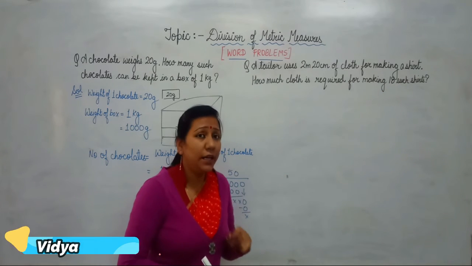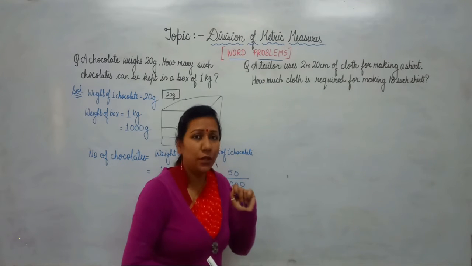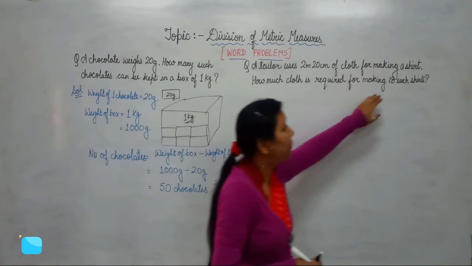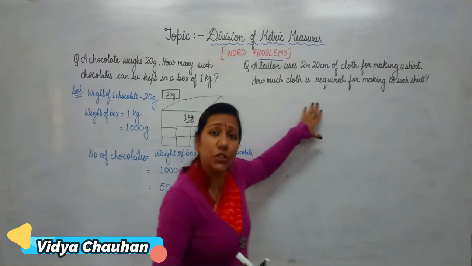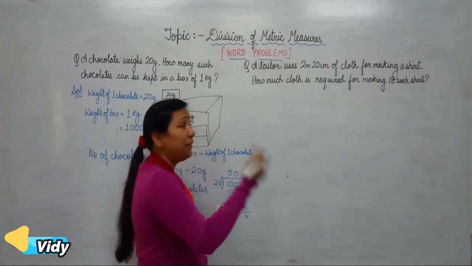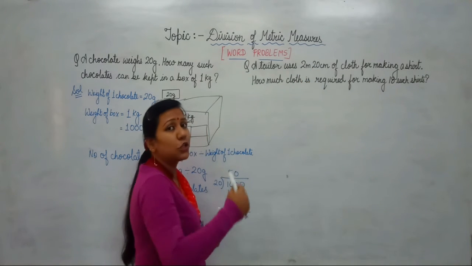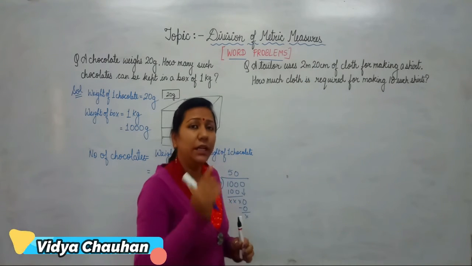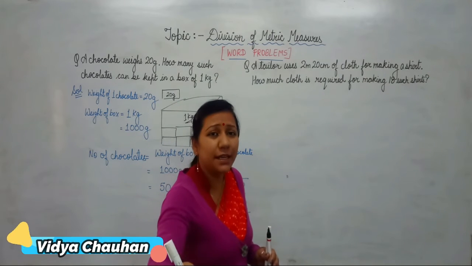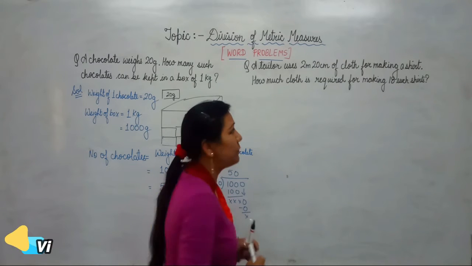That means 18 shirts of the same type. For every shirt he needs 2 meter and 20 centimeter, so for 18 shirts also he needs 2 meter 20 centimeter repeatedly 18 times.